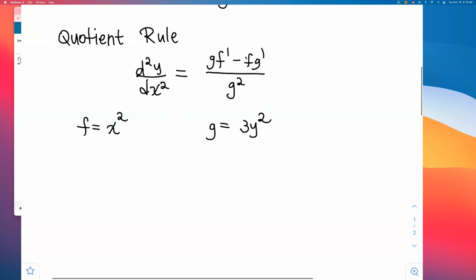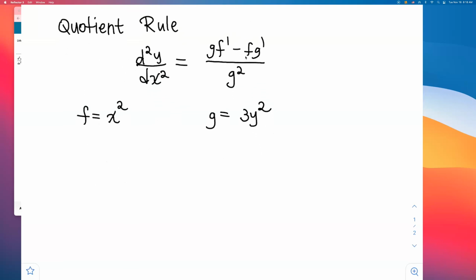Let me find my quotient rule pieces. f prime is 2x, g prime is 6y times dy/dx, because we are differentiating with respect to x in this whole problem.